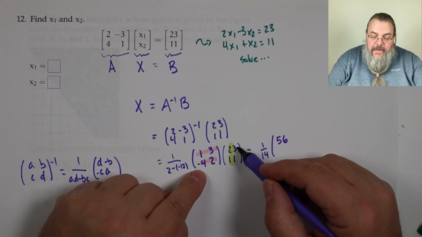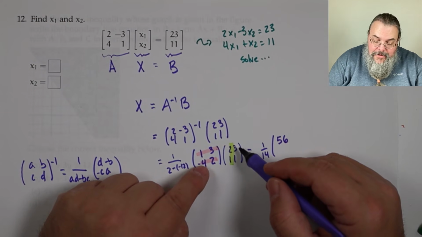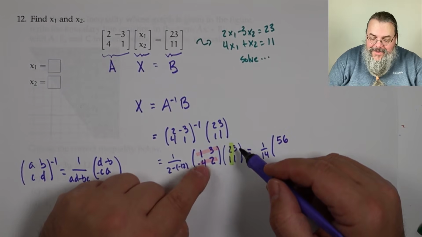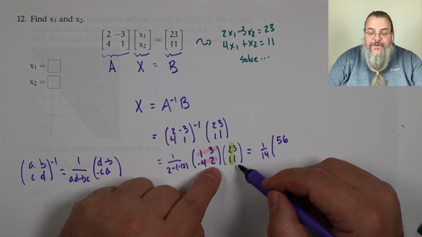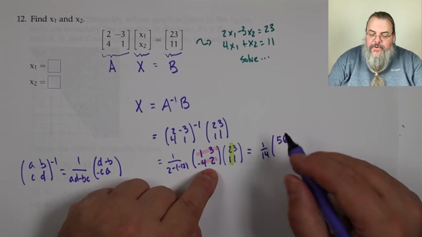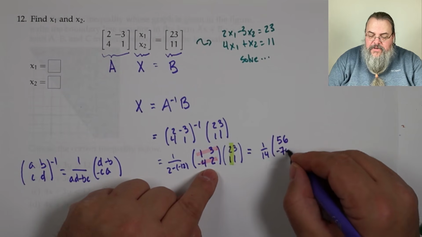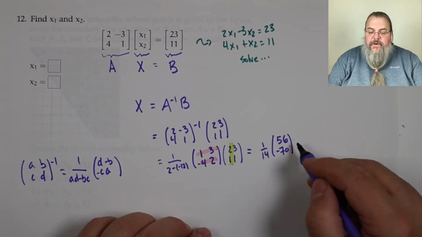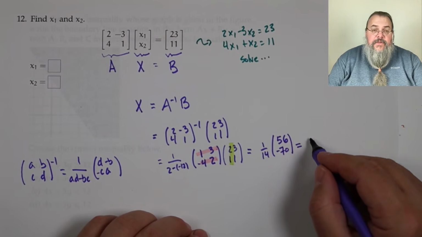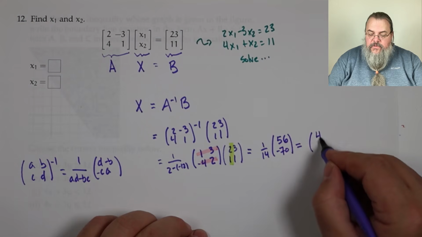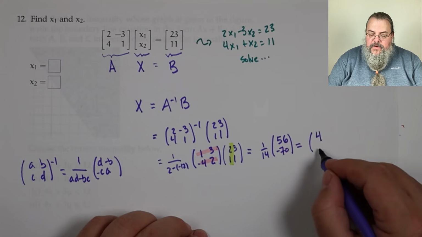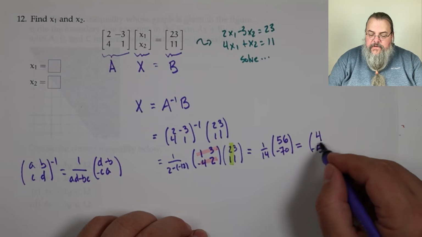Minus 96, minus 92, excuse me, plus 22. Minus 92 plus 22 is minus 70. Multiply by 1 over 14. 56 over 14 is 4. Negative 70 over 14 is negative 5.